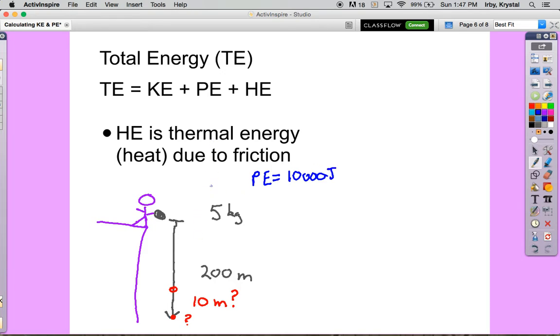Well, I want to know how many joules of kinetic energy my rock has when it has reached this point at 10 meters off the ground.